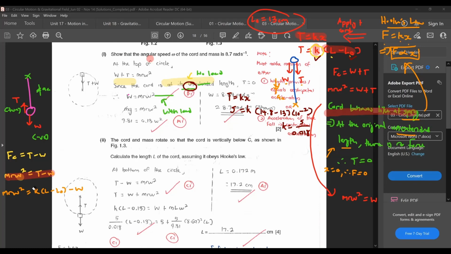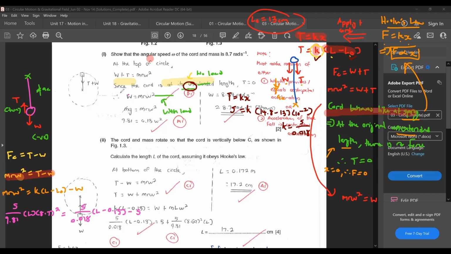If I sub in everything, m will be 5 divided by 9.81. Your radius is actually your L right now. Your omega is what you found at the top, 8.7 squared. Then your K is 5 divided by 0.018 times L minus 0.13, the 13 centimeter changed to meter, and then minus off your weight of 5.